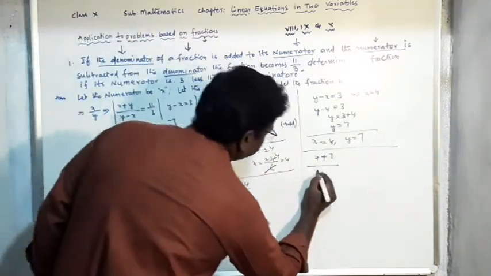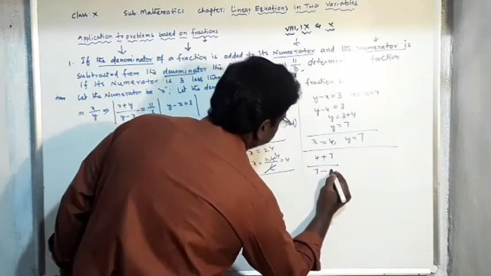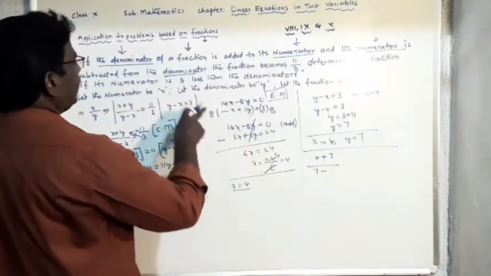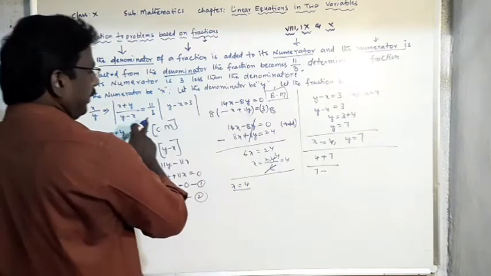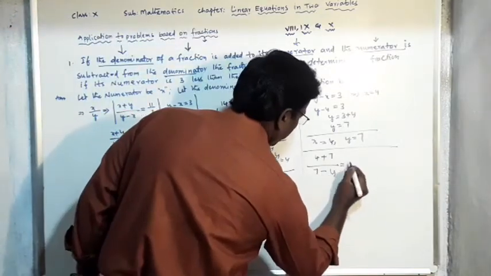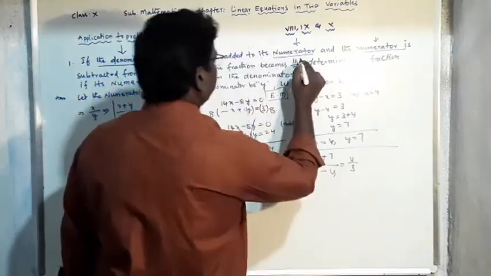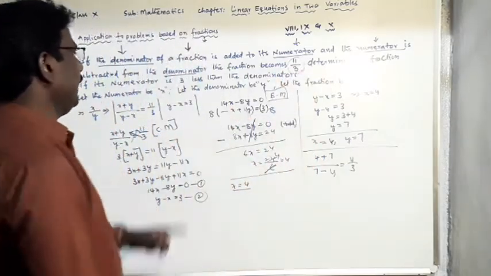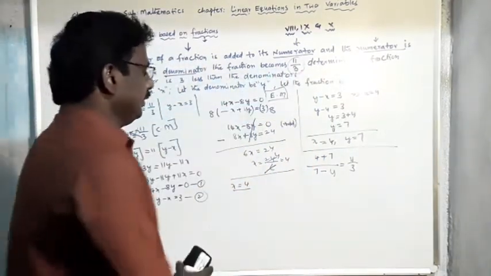The numerator is 4 and the denominator is 7. 7 plus 4 is 11, and 7 minus 4 is 3, so 11 by 3. Already we got 11 by 3. That condition is satisfied here.